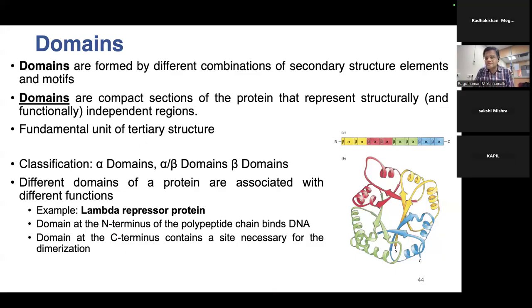So, for example, this particular structure that you see is made up of beta, alpha, beta, alpha, beta, alpha, beta motifs. But together, all of them form a single domain.